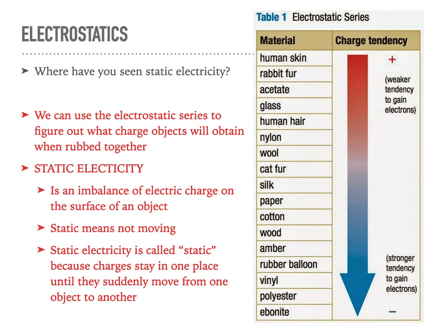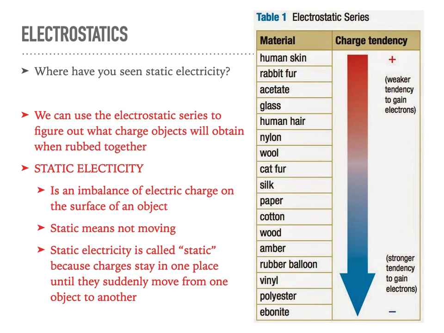Have you ever seen this electrostatic series before? This is a diagram that would always be given to you on a test or a major assignment. It has a list of materials under the heading material. If you take two materials on the list and rub them together, one will tend to lose electrons and get a positive charge, and one will tend to gain electrons and become negatively charged.